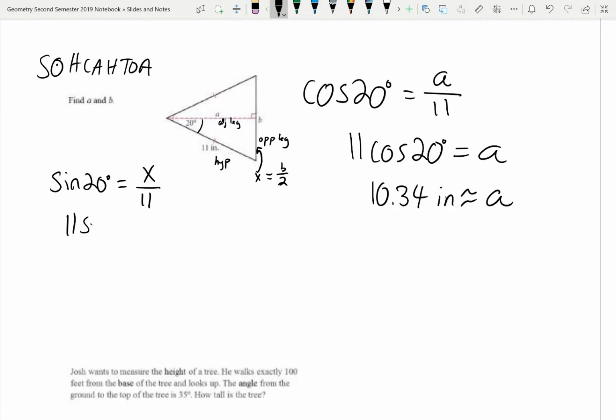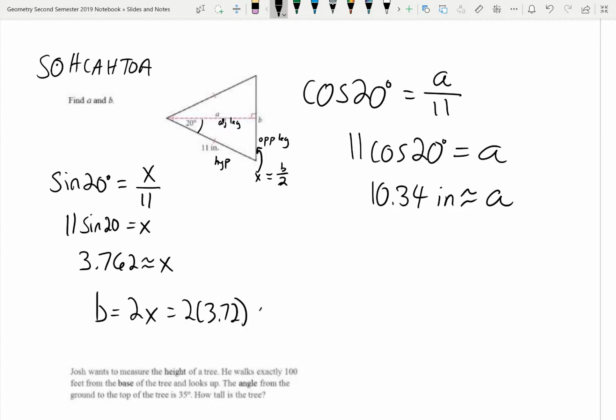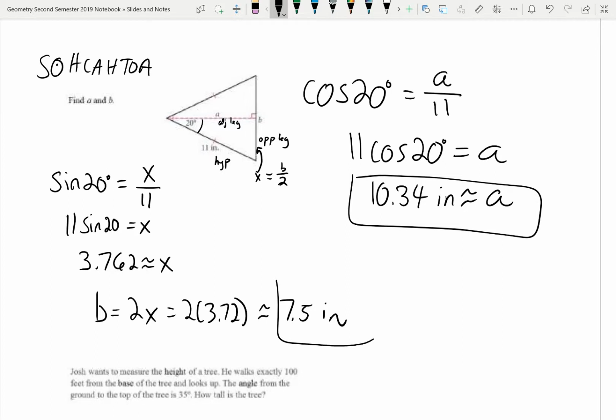So 11 sine 20 equals x, and 11 sine 20 is 3.762. Then we multiply that by 2, so b equals 2x, which is 2 times 3.762, approximately equal to 7.5 inches. So that's going to be a, and that's going to be b. There we go.